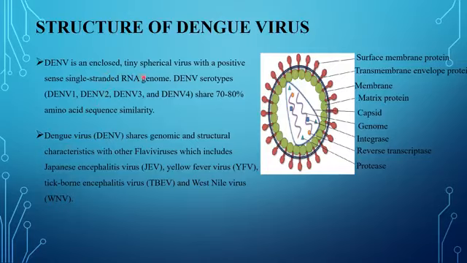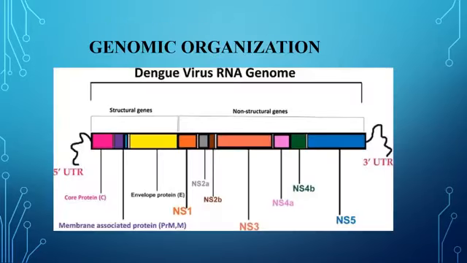So the DENV is a tiny spherical virus with a positive single-stranded RNA genome. DENV serotypes 1, 2, 3, and 4 share almost 70 to 80% amino acid similarity. The dengue virus shares genomic and structural characteristics with other flaviviruses, which include Japanese encephalitis virus, yellow fever virus, tick-borne encephalitis virus, and West Nile virus.